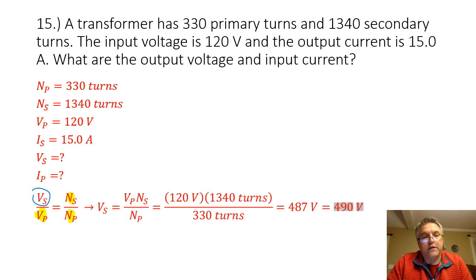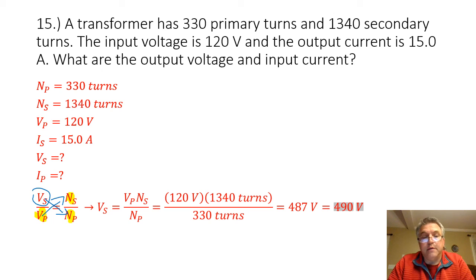Solving this for the secondary voltage, I can cross multiply, and I'm going to get the secondary voltage equals the primary voltage times the secondary number of turns divided by the primary number of turns. I plug my known values into that equation, and I am going to get a secondary voltage of 487 volts, or 490 volts to 2 significant figures.